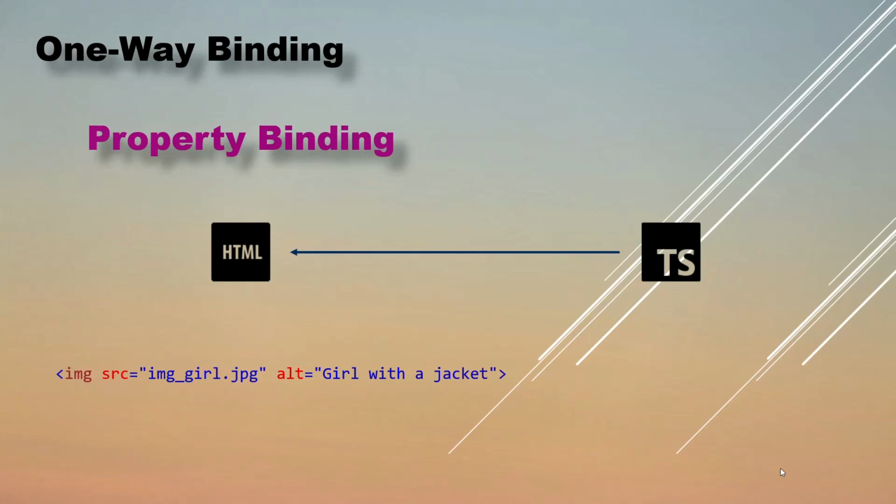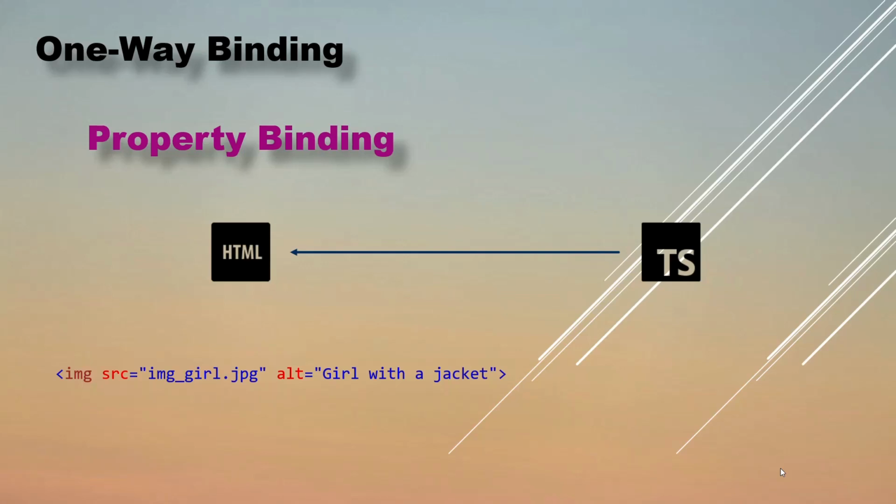Let's say we need to change the alt dynamically. How can we update it? If this is what we have written in the HTML, then it will not change anytime. So now we'll change that property from the TS file.